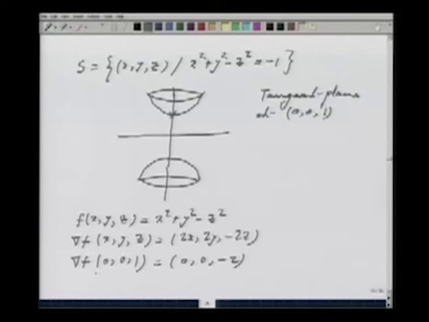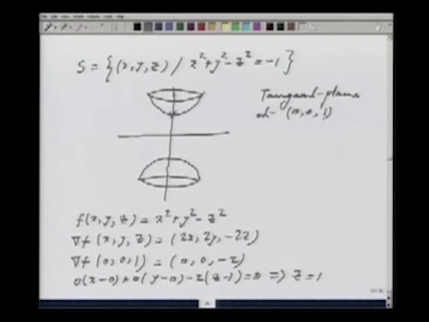And then the equation of the tangent plane at 0, 0, 1 is 0 into x minus 0 plus 0 into y minus 0 minus 2 into z minus 1 equal to 0. This implies again the plane is z equal to 1.